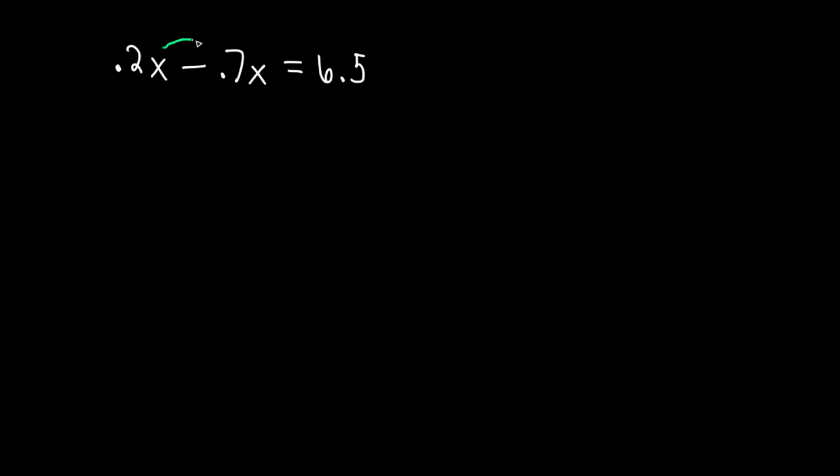We can combine the like terms, which would be negative 0.5x equals 6.5. We can divide out this negative 0.5.